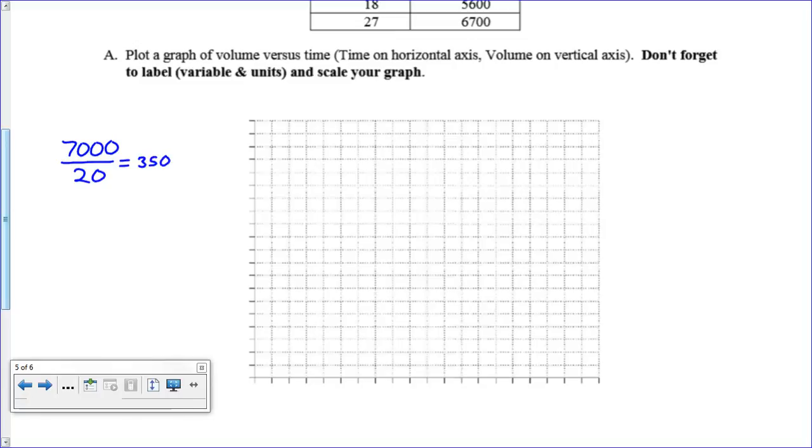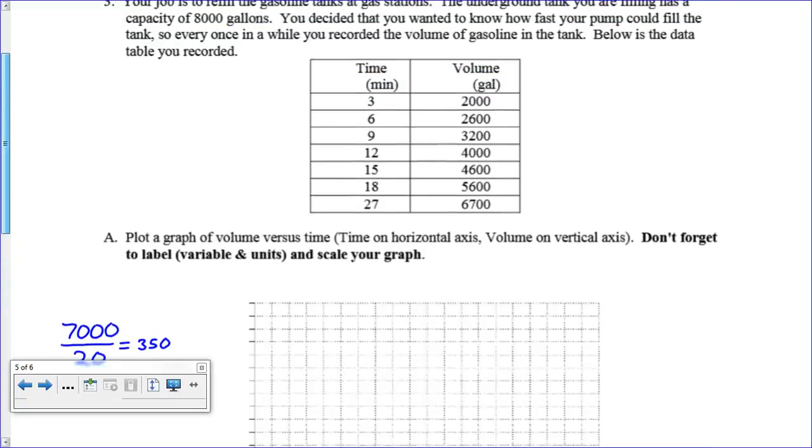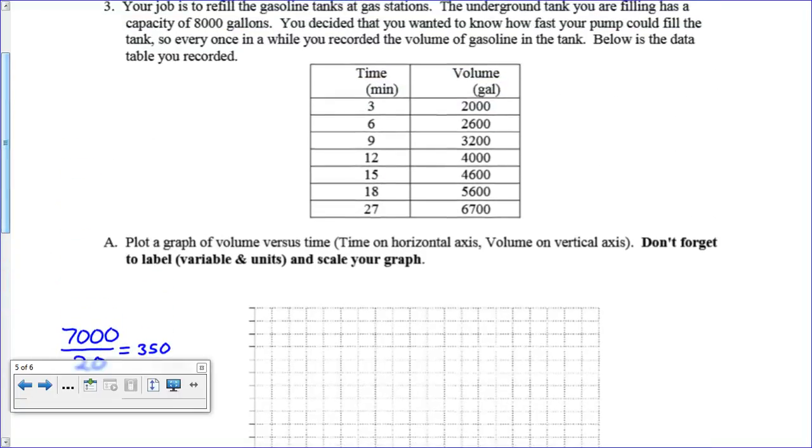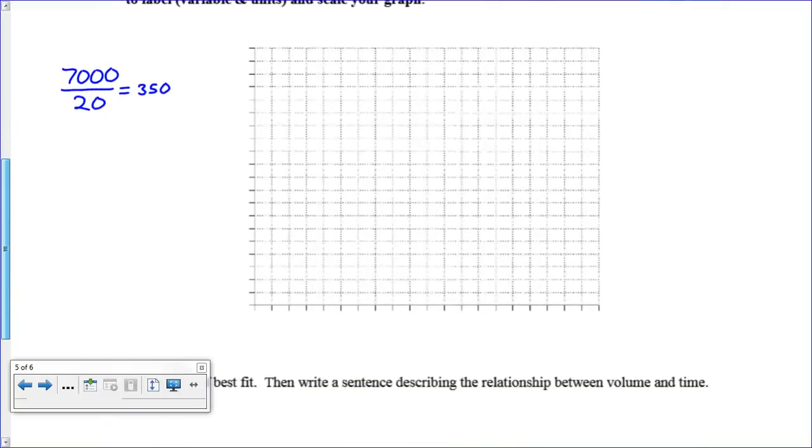The time goes up to 27, which is just about 30, so for the time axis, 30 divided by 20 gives you 1.5.